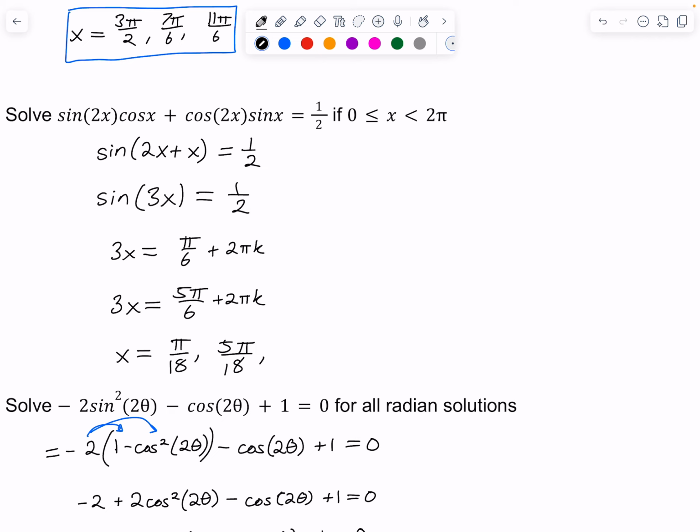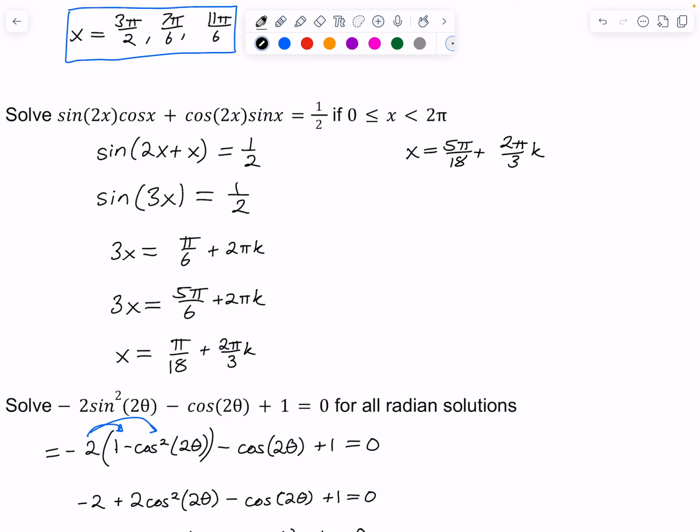It's 5 pi over 18, but it's also, what else would it be? Hang on. If I divide by 3, I get two things. I either get pi over 18 plus 2 pi over 3k, or 5 pi over 18 plus 2 pi over 3k.